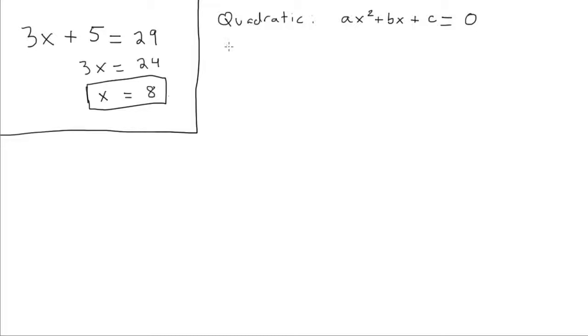So we're going to look at the specific example of x squared minus 9x plus 8 equals 0. And we want to solve this by factoring.